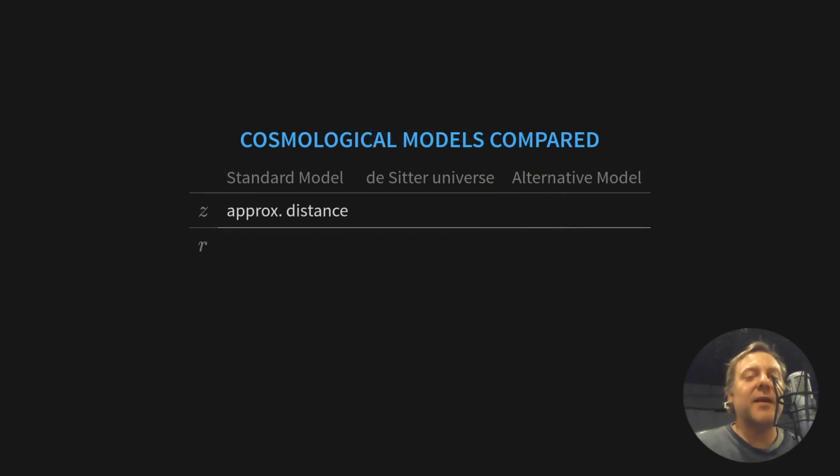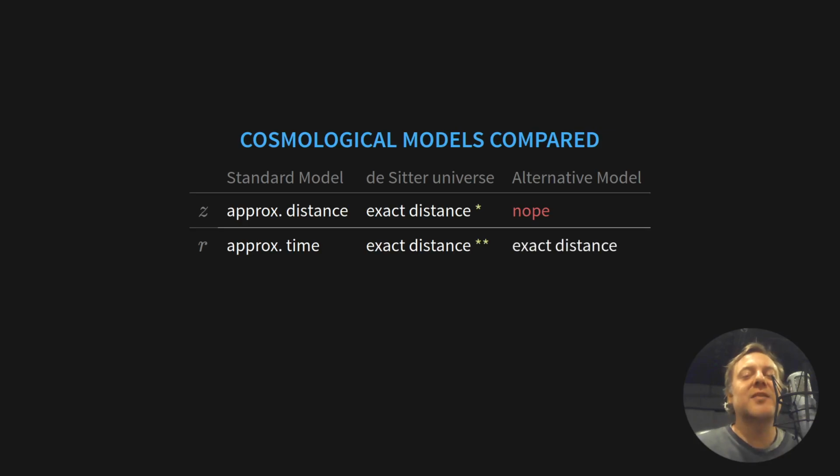So let's compare. In z, in the standard model, that's an approximate distance. In what's called the de Sitter universe, it gives us an exact distance, and it doesn't really relate to anything in the alternative model. r gives us an approximate time in the standard model, and an exact distance as well in the de Sitter model, and an exact distance in the alternative model.